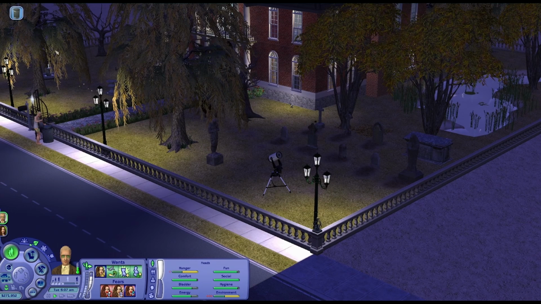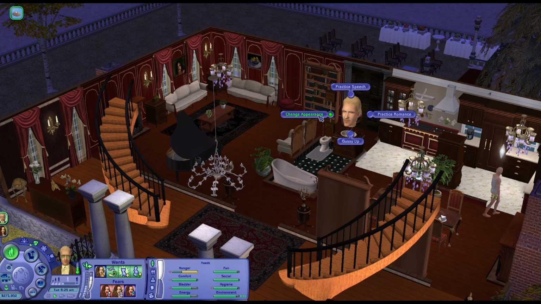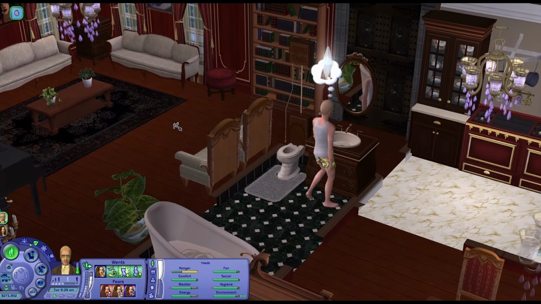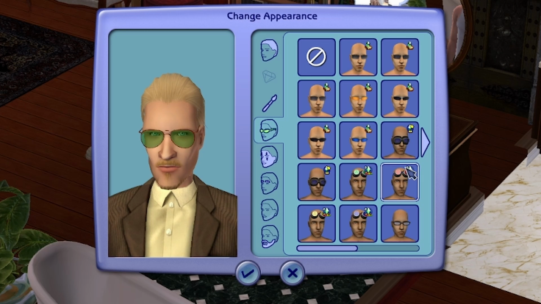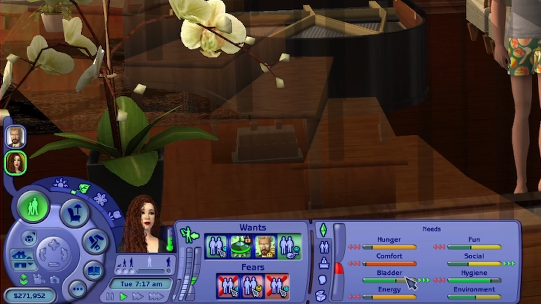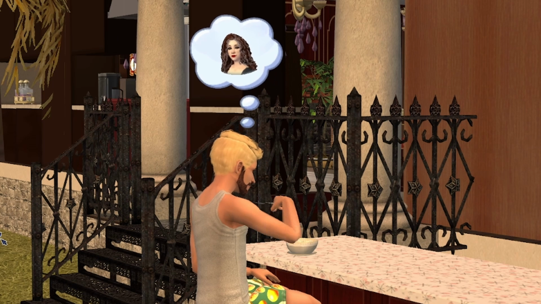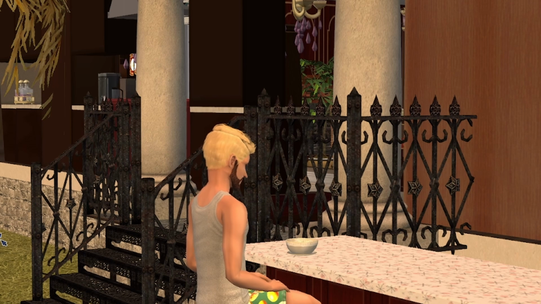Vidkun wasn't even too bothered, he just decided to take out the trash. Hang on, if you're gonna be my husband, I need to give you a makeover because that haircut is unacceptable. That's much better. Meanwhile, I was off in space. Vidkun wandered around the house aimlessly, thinking about me whilst eating his morning cereal.